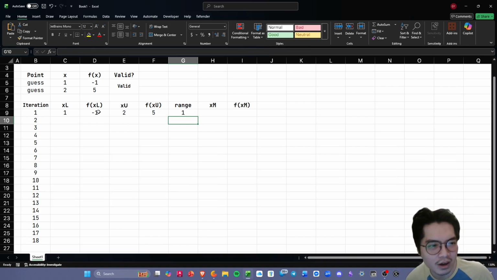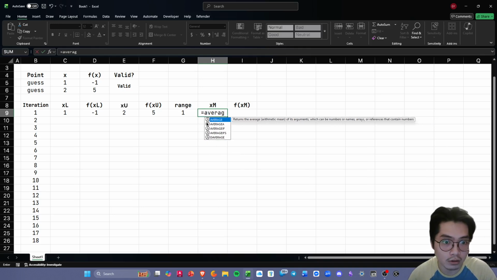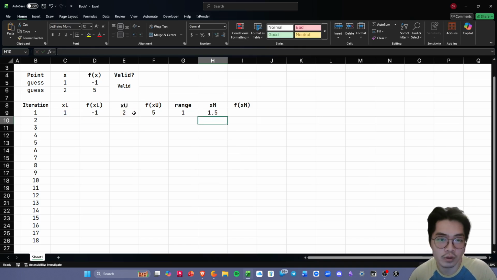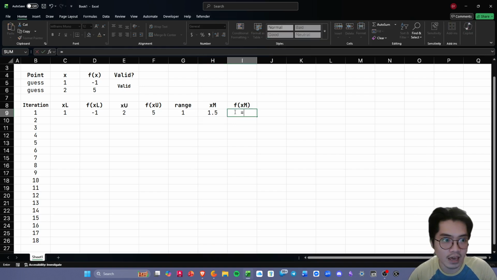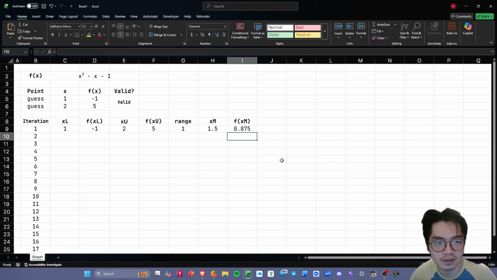If you want, there's a whole lookup thing you can do, but whatever. xm will be the average of these two values, xl and xu, so we'll create 1.5. And then for f of xm, this is the 3 minus H9 minus 1. You will have something like this.